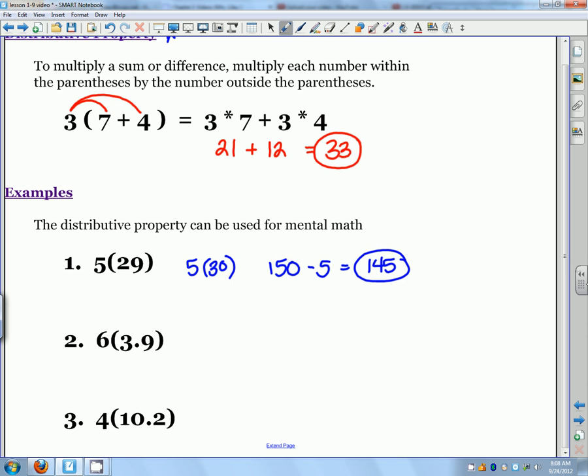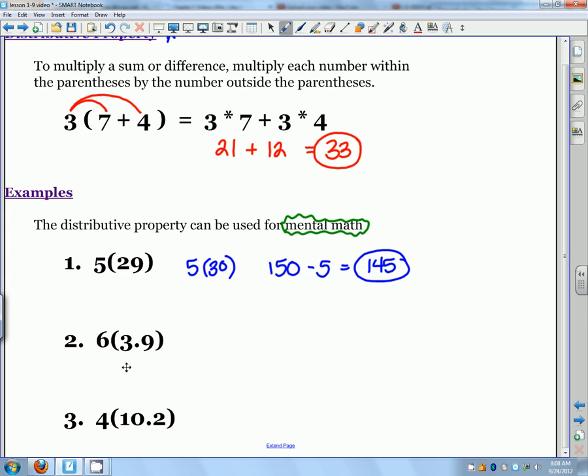Now I did that using mental math. You want to do it in your head mentally. It's like if you went to the store and you wanted to buy 5 of this awesome shirt for $29. You could figure out how much it would be roughly before tax. So 6 times 3.9.